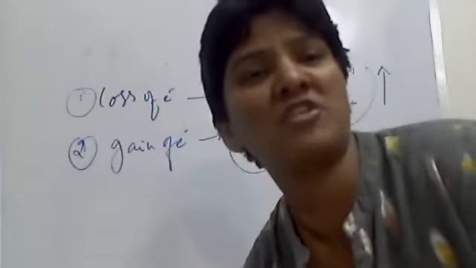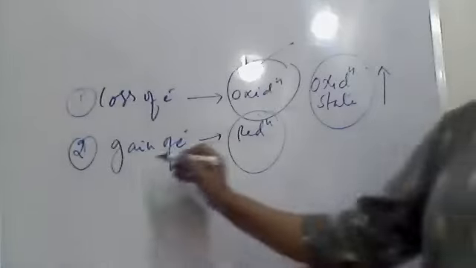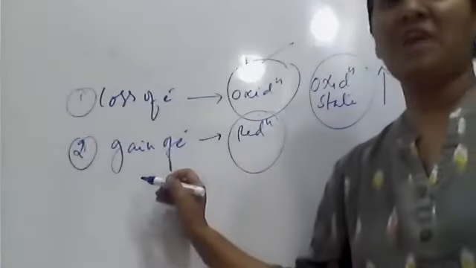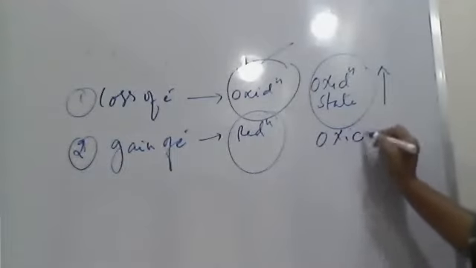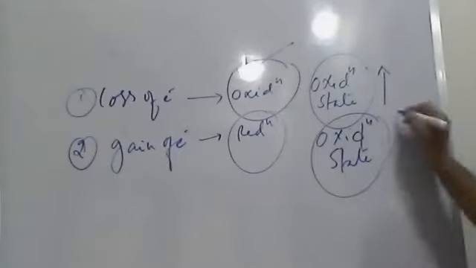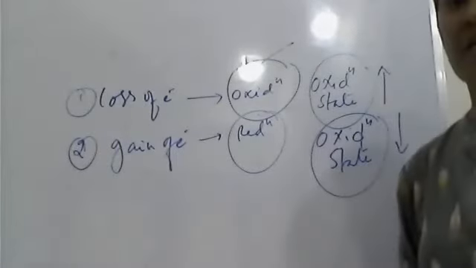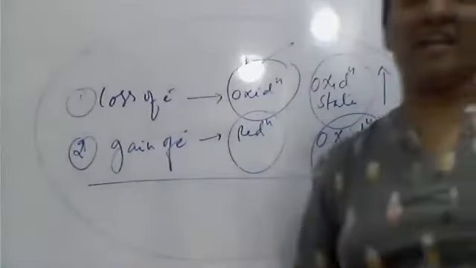The charge itself is called oxidation state. So here, gaining of electron means reduction. Therefore, oxidation state decreases, meaning charge decreases. Where you see this happening, such a collective reaction is called a redox reaction.